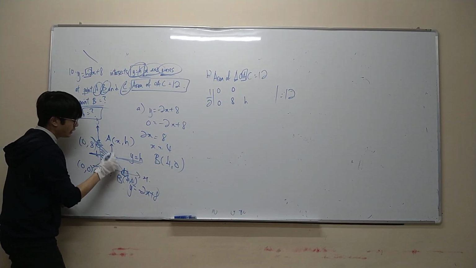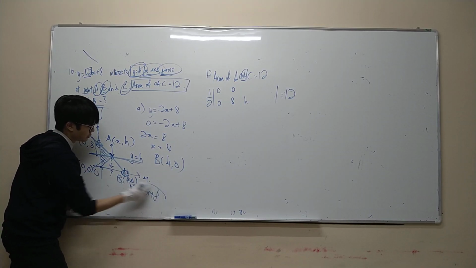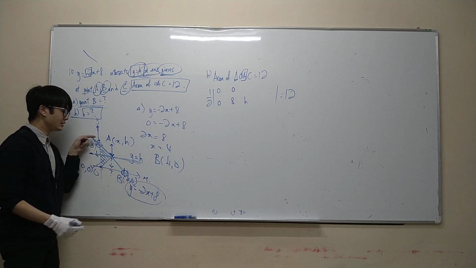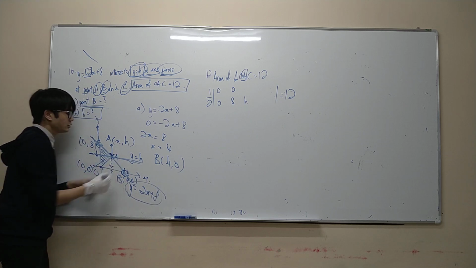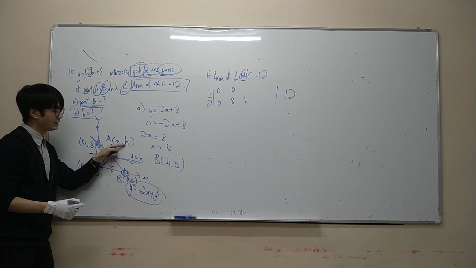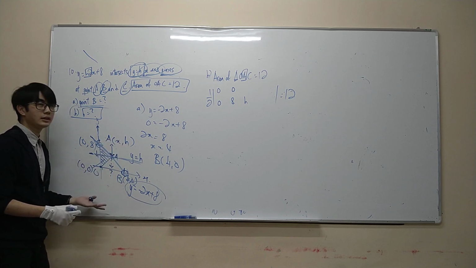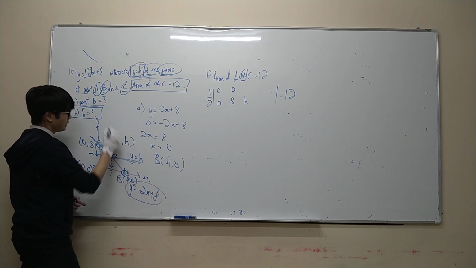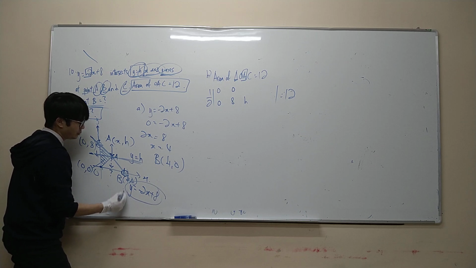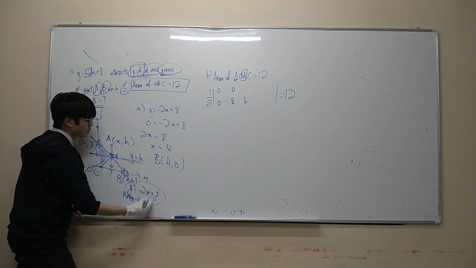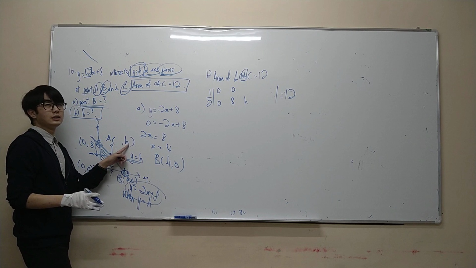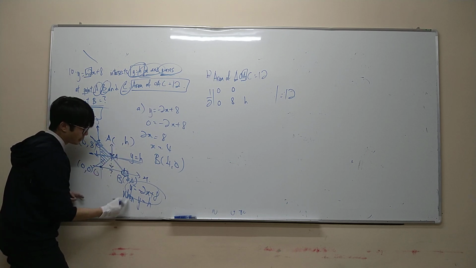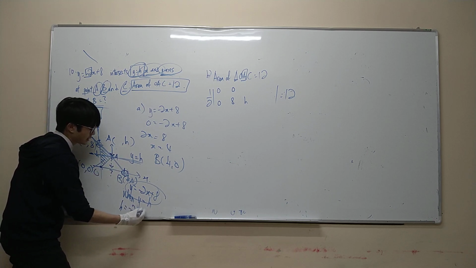Can you see this point A? The line y equals negative 2x plus 8 actually passes through point A. So if it passes through, can I substitute the h into the equation? Yes, right? So y equals negative 2x plus 8, and when the y coordinate equals h, because I want to know the x coordinate, it will be h equals negative 2x plus 8.